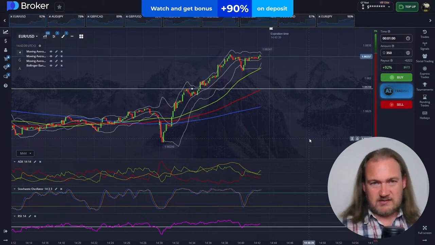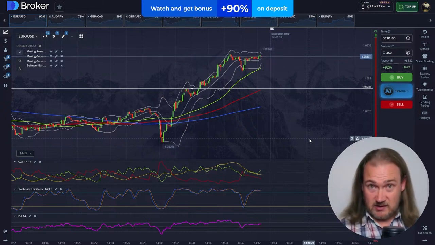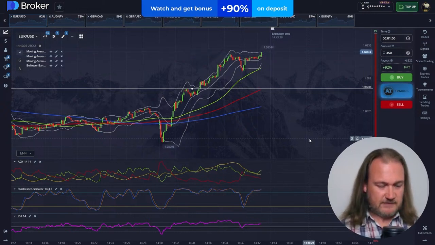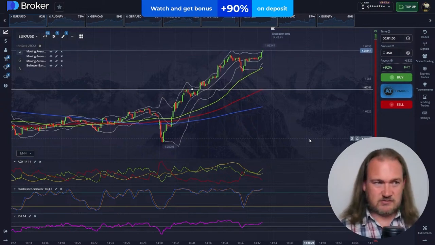I backtest it, and I test it live. When I say live, I mean on a demo account, not my real account, because I'm not familiar with the strategy. I try to take trades in normal market conditions, and I also backtest it.